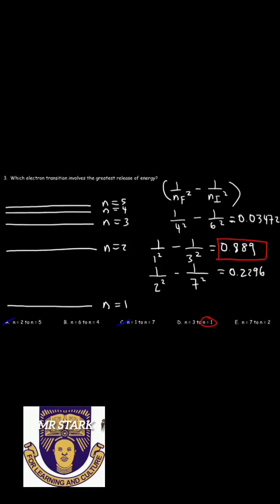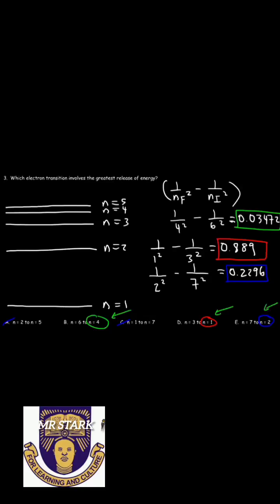The second highest was the one with the next lowest final energy level, which was n equals 2. The lowest was the one that had the highest final energy level, which was n equals 4. So a quick way to get the answer is to look at the final state.